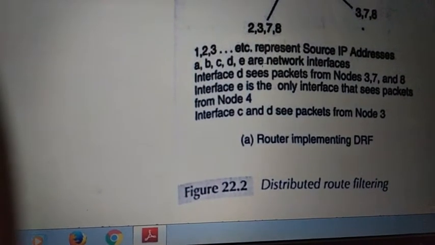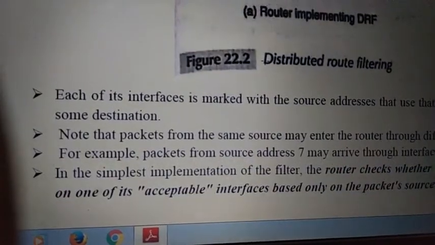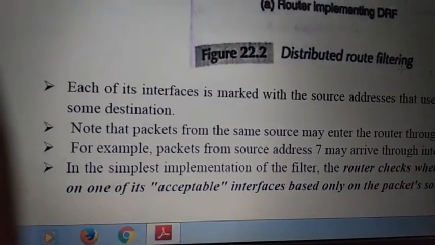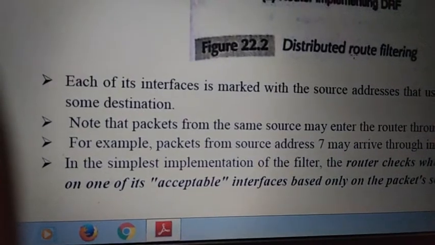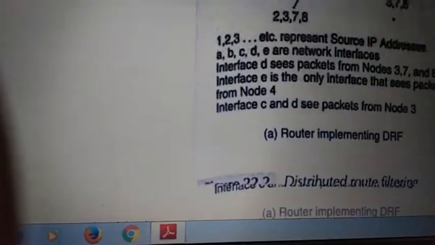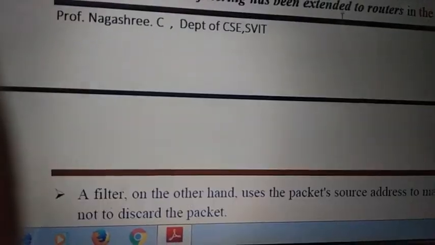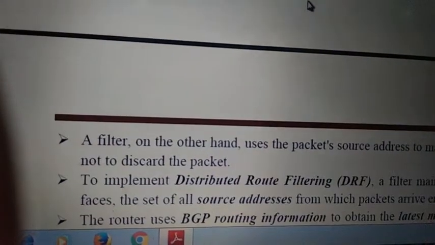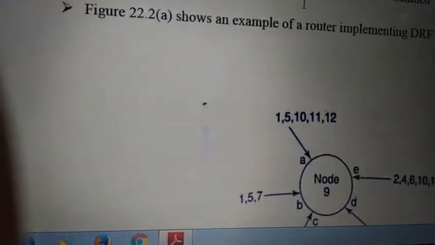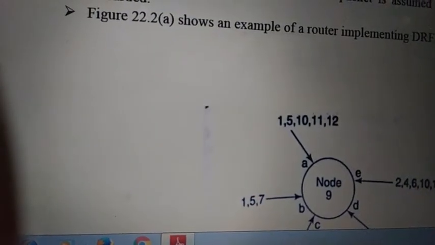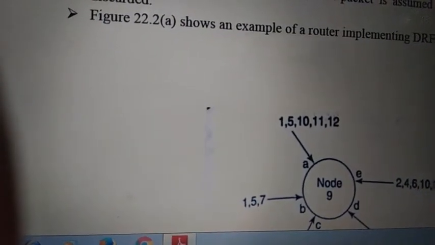Those are different interfaces from where we are going to receive, because it is distributed filtering. How it filters: if a packet is already received from one interface, we do not accept it at other interfaces, using BGP routing information.